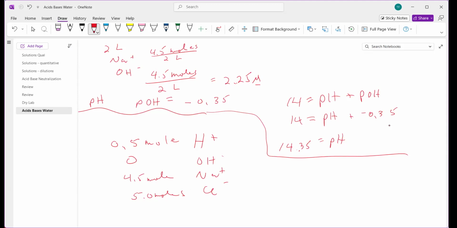Well, because the pOH, which is minus 0.35, plus the pH is equal to 14. So I solve for pH. You add, because it's negative. When I add them together, I get 14.35.